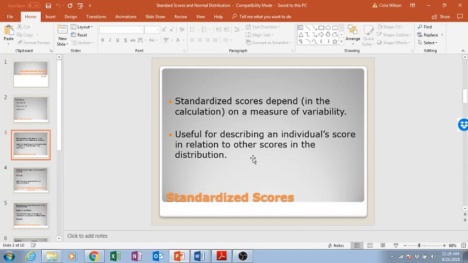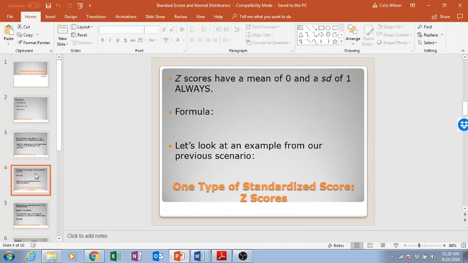There are many types of standardized scores. You may be more or less familiar with them depending on your position. I know some in education or the social sciences work a lot with standardized scores, and other people don't. But we are going to focus on one type of standardized score, and that is the Z-score.